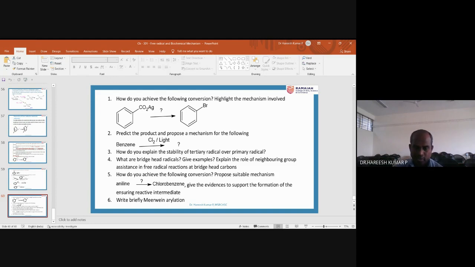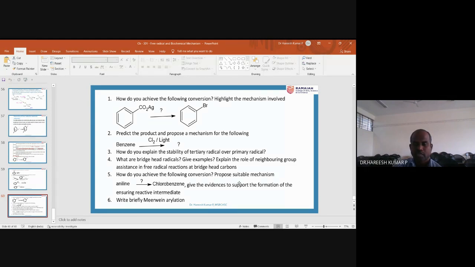Maybe you can look into Organic Synthesis by Smith or Reaction Mechanism by Peter Sykes, and you have to answer this. It's better you look into Organic Synthesis by Smith, because your syllabus is framed on organic synthesis.